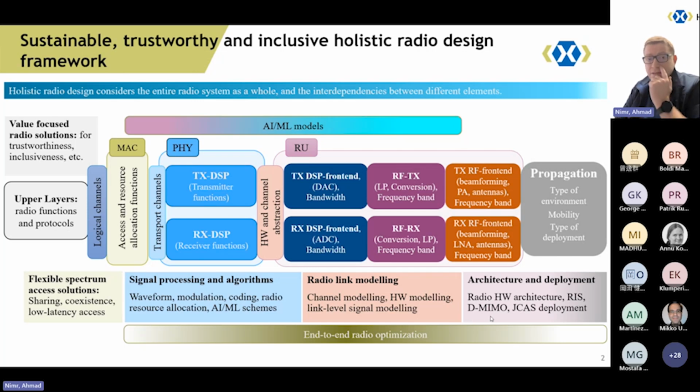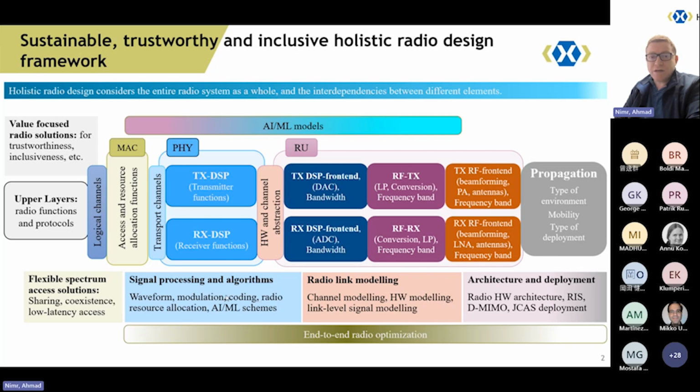We categorized the enablers into 5 groups. The architecture and deployment group considers the impact of radio front end and propagation. Then we have radio link modeling, which includes the channel model and hardware models, as well as other modeling related to the signals.